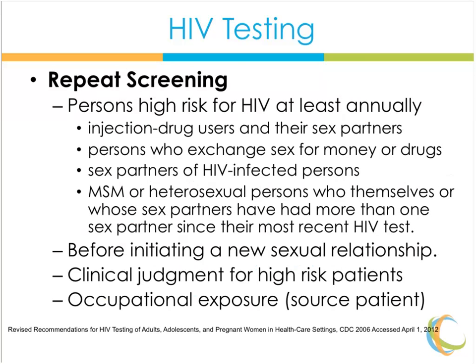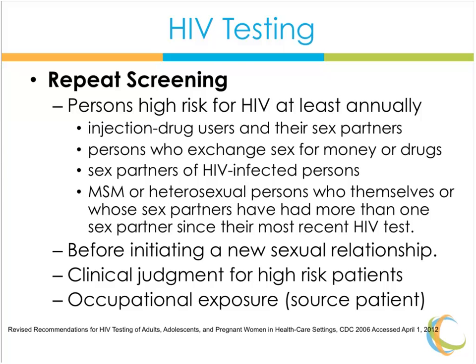Now, when we talk about screening, it's very important to also talk about repeat screening and the criterion for repeat screening. As we can all suspect, persons who are at high risk for HIV should be rescreened at least annually. This could include injection drug users and their sex partners, persons who exchange sex for money or drugs, sex partners of HIV-infected persons, men who have sex with men, or heterosexual persons who themselves or whose sex partners have had more than one sex partner since their most recent HIV test.